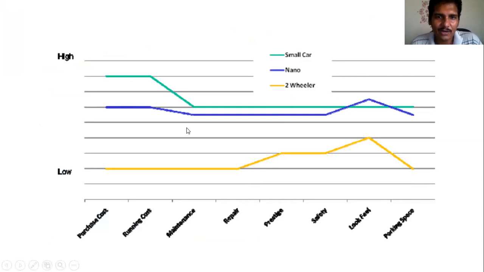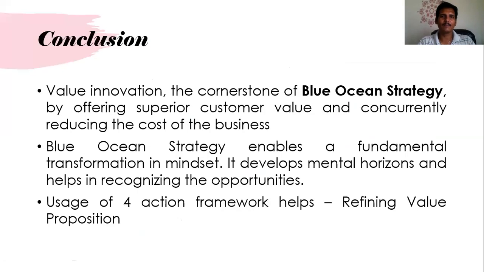You can see Nano as a compromise between a small car and a two-wheeler: price-wise, safety-wise, parking space, purchasing cost. So it is a balance. This is how blue ocean strategy helps us identify new market spaces.